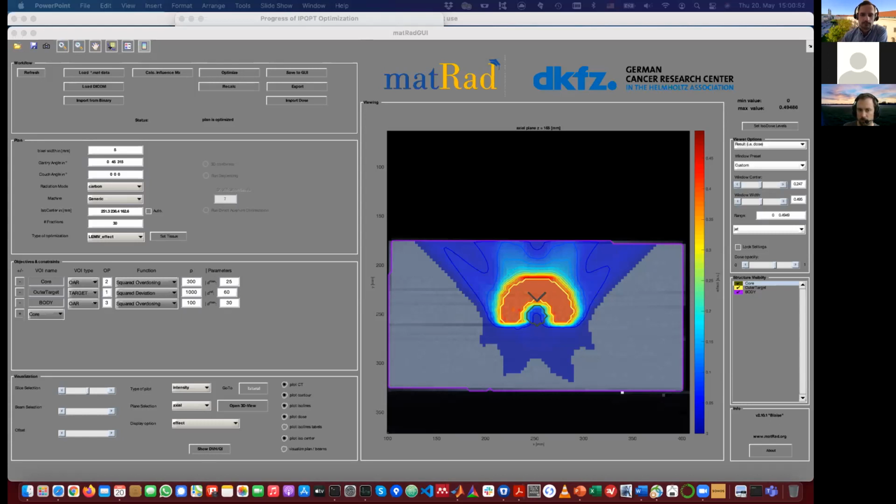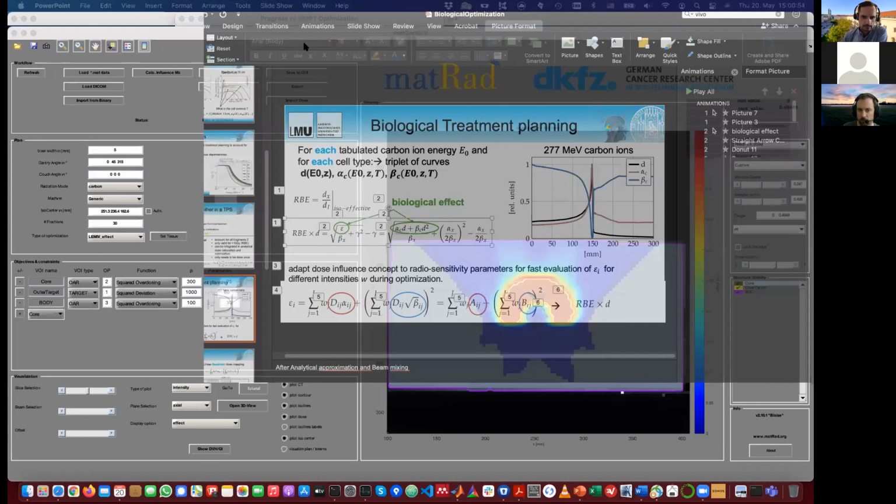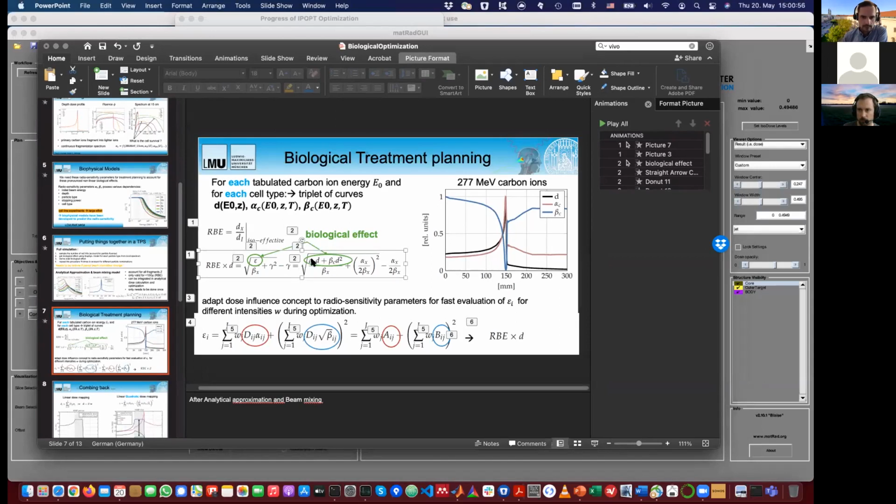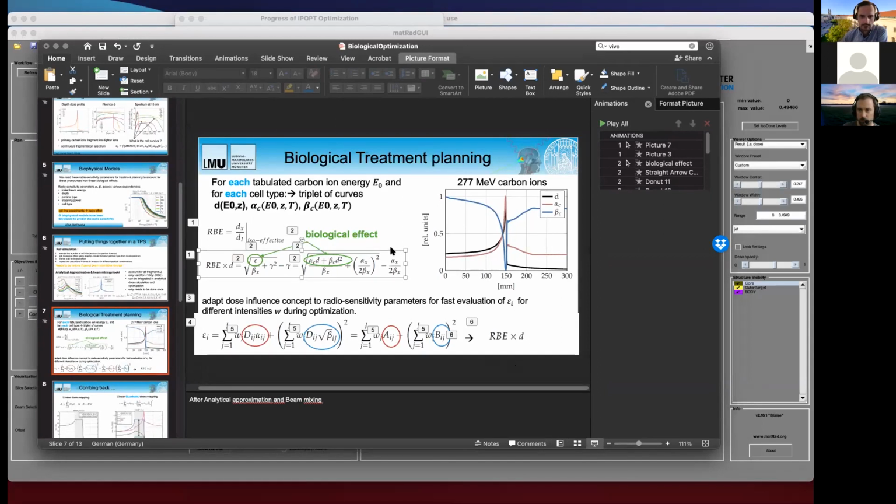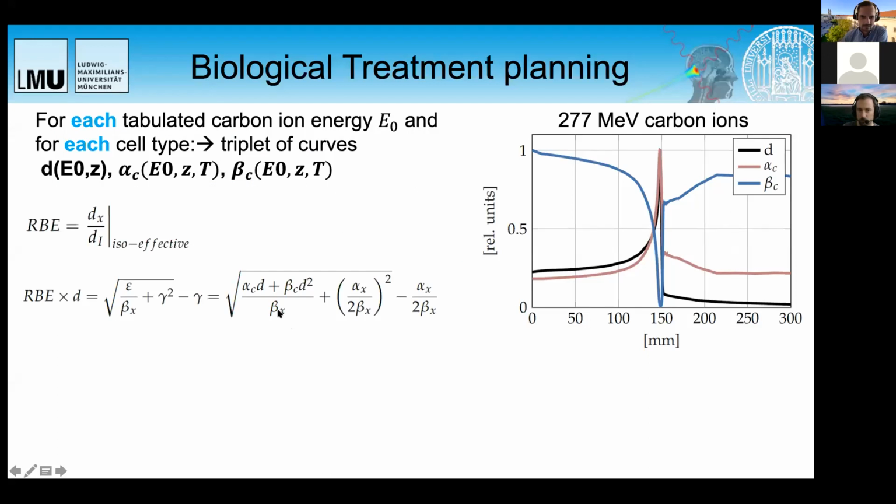But basically, if we now have this distribution, then we have this quantity up here. I hope you can see it. I will enlarge it one more time. Then we simply divide it by beta x, which is one single value, 0.05 in this case.